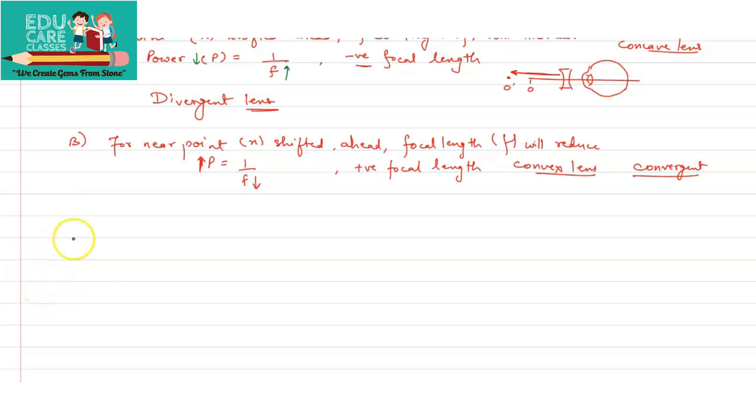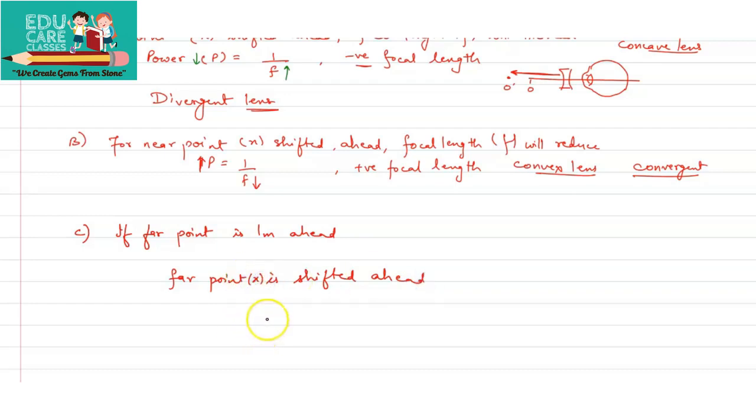Let us say the far point is 1 meter ahead. Our far point is shifted ahead, so the focal length will increase. We are saying that this is X.